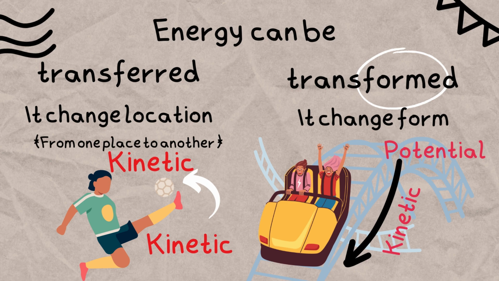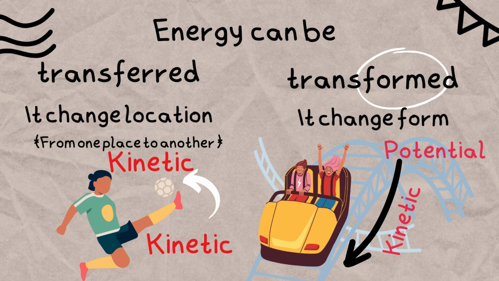Also, energy can be transformed, and transformed means change its form. As we saw, the potential energy changes into kinetic energy. When the roller coaster was at the top of the hill, it stored potential energy. And when it moves downhill, what happens?